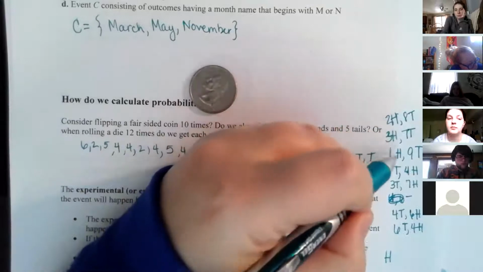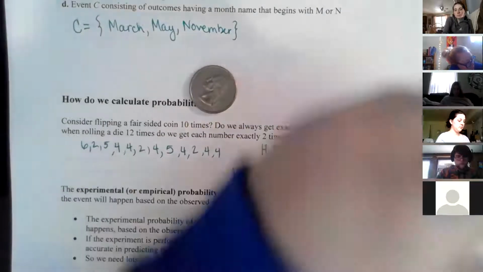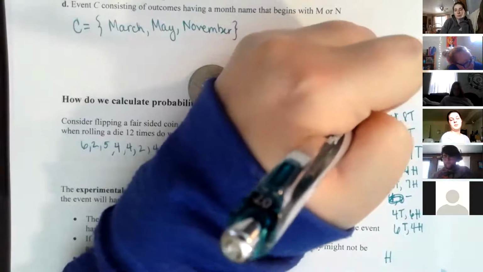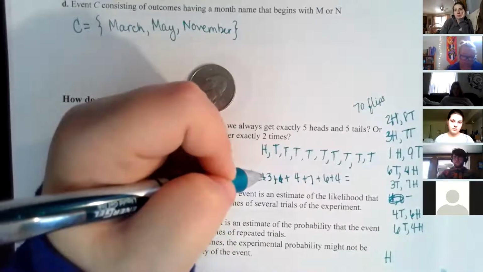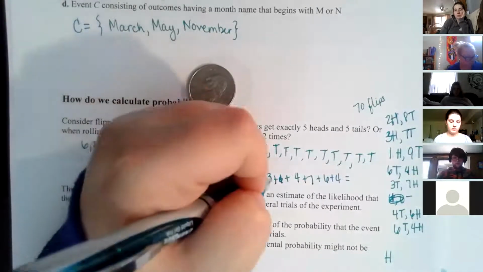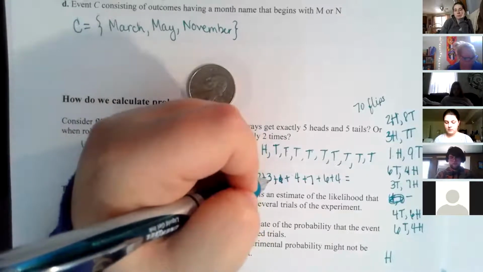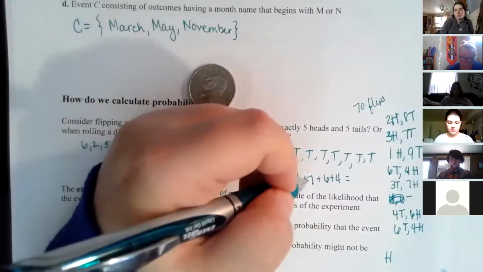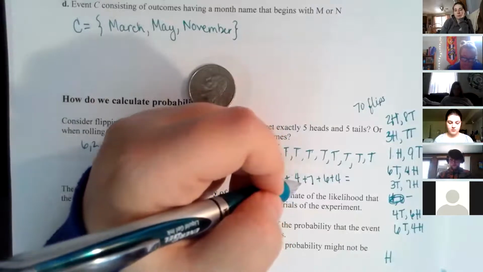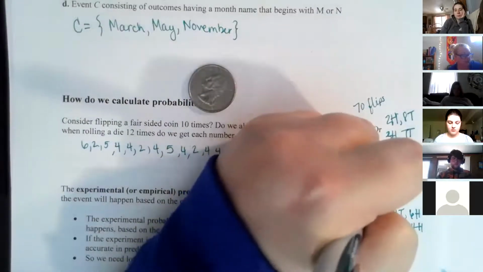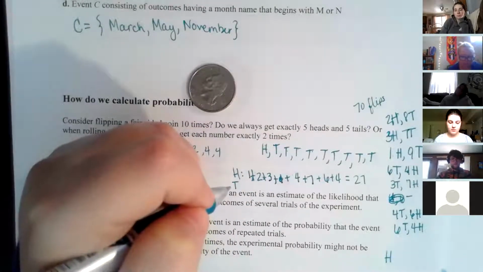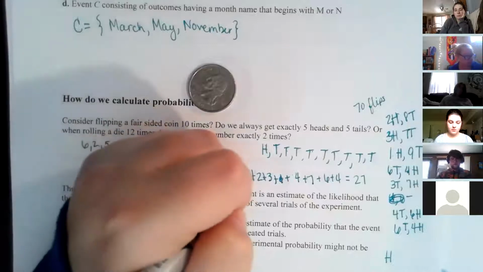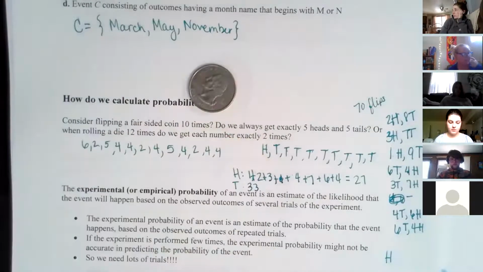So I have 1, 2, 3, 4, 5, 6, 7 here. So that's in 70 flips. So 1 plus 2 plus 3 plus 4 plus 7 plus 6 plus 4 is 27, which means the number of tails is 33.